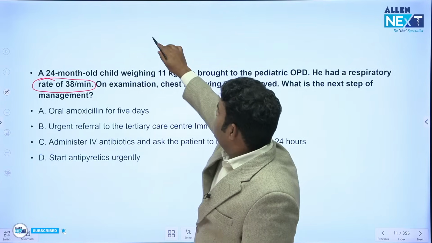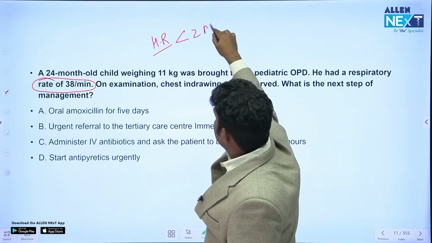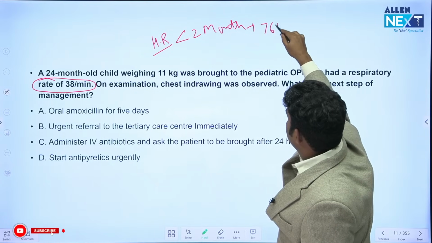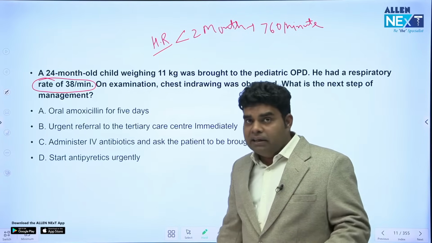So for heart rate, remember if it is less than 2 months, more than 60 per minute is considered as fast breathing.